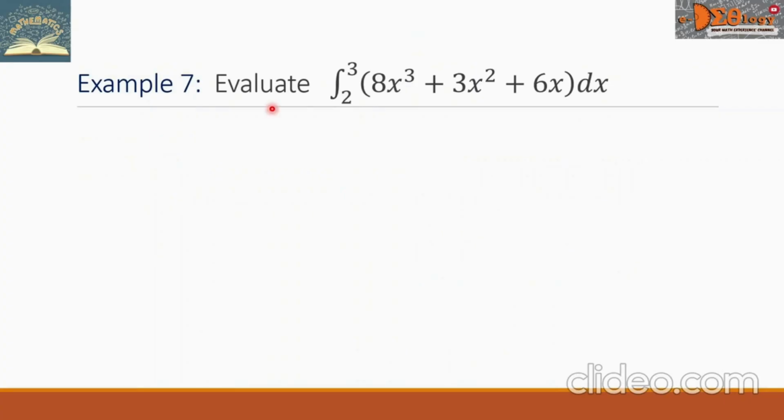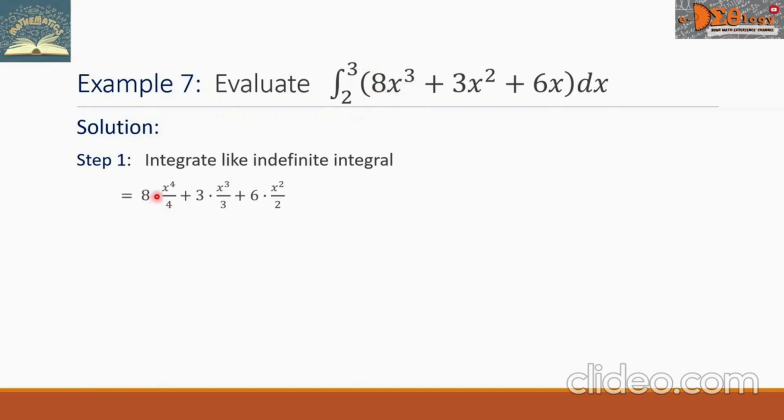Example 7. Evaluate the definite integral 8x cubed plus 3x squared plus 6x dx from 2 to 3. Let's integrate 8x cubed. The integral is 8 times x raised to 4 over 4, plus the 3x squared. We copy the 3, then integrate x squared, and that will be x cubed over 3, plus the integral of 6x.